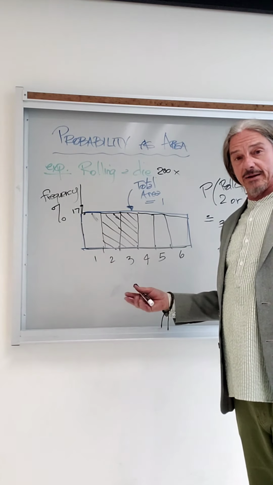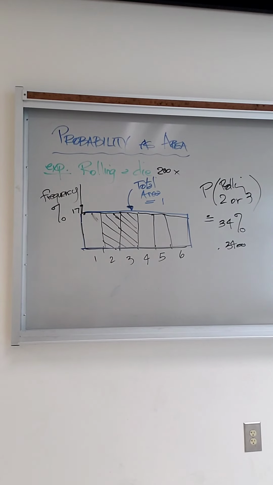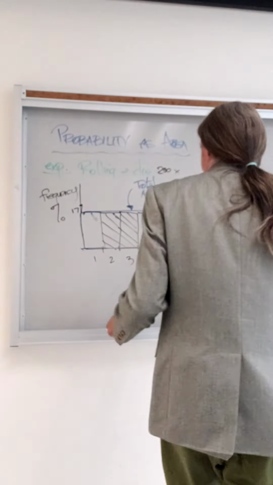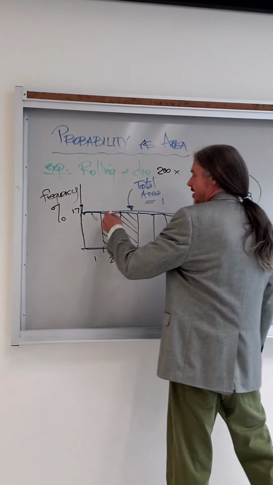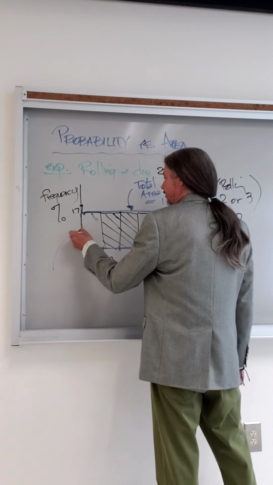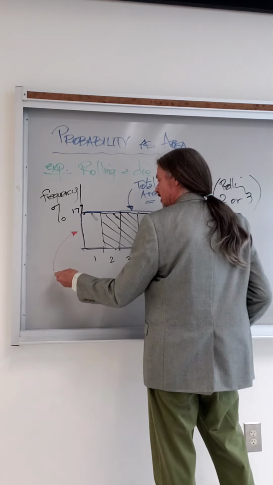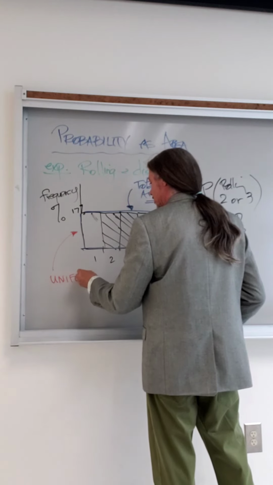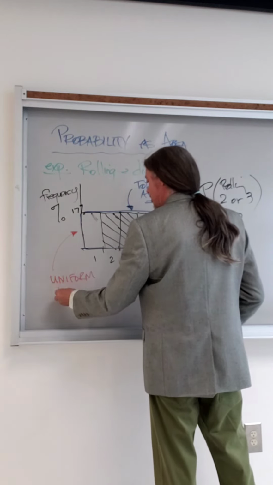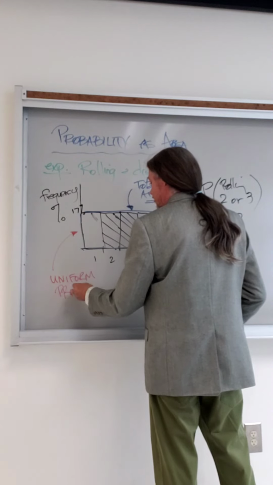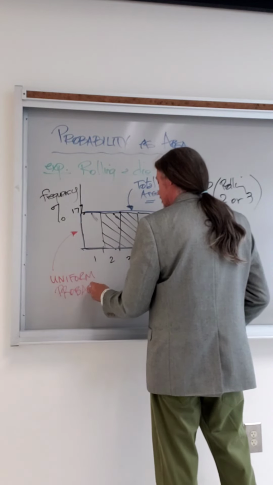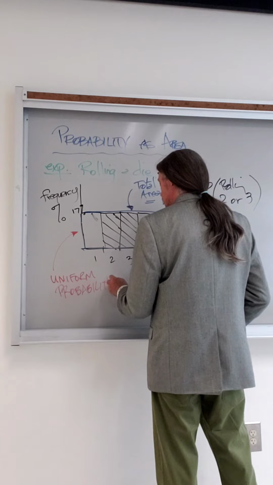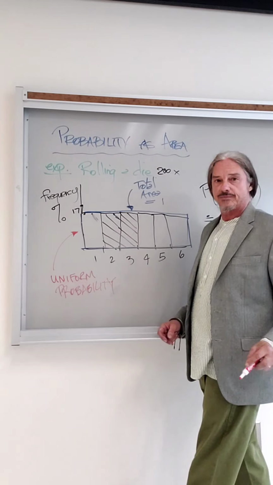Probability as area. By the way, if all the probabilities are equal, like this example, it is called a uniform probability distribution. You see that red?